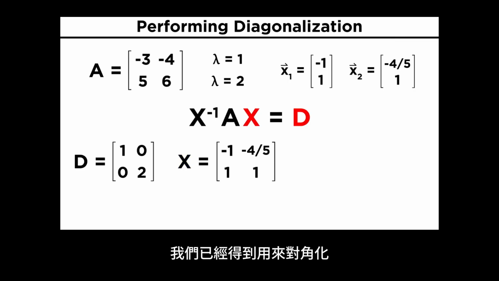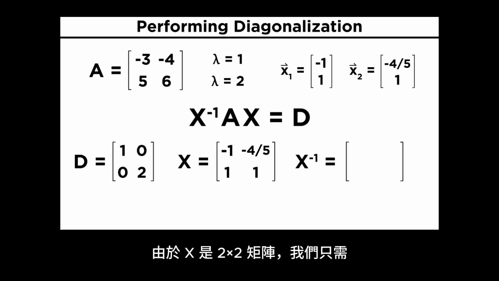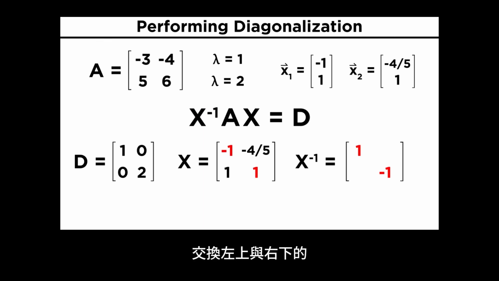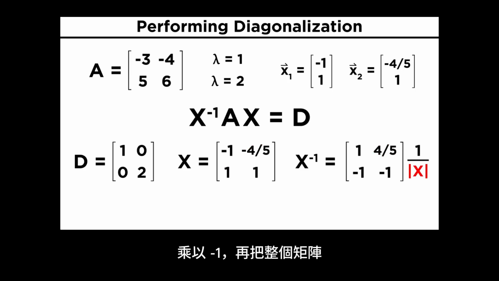We have obtained the main matrices for diagonalizing the matrix A. The only remaining piece is the inverse of X. Since X is a 2 by 2 matrix, we simply swap the top left and bottom right elements, multiply the off-diagonal elements by -1, and divide the whole matrix by the determinant.